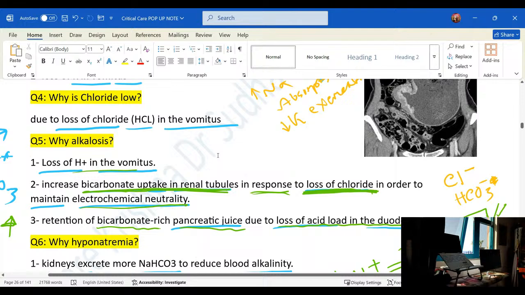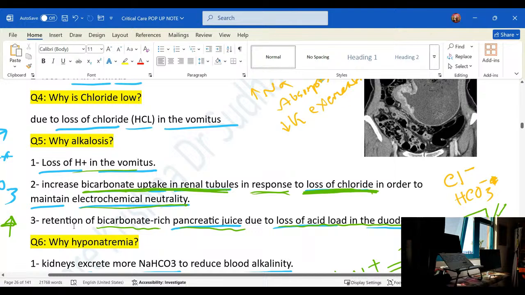Then there is increased bicarbonate uptake in the renal tubules in response to loss of chloride, since both are negative ions, in order to maintain electrochemical neutrality.